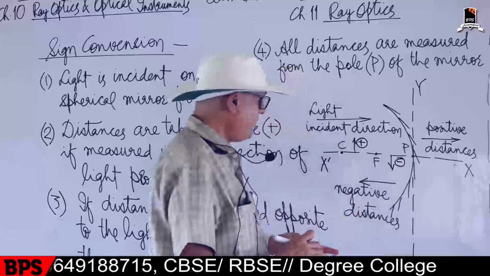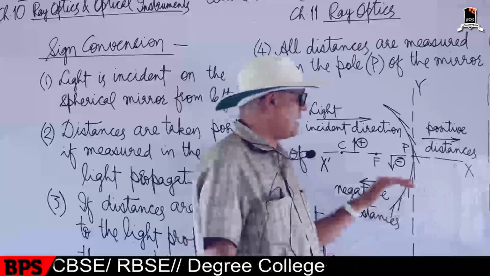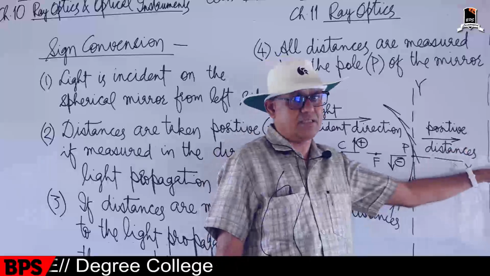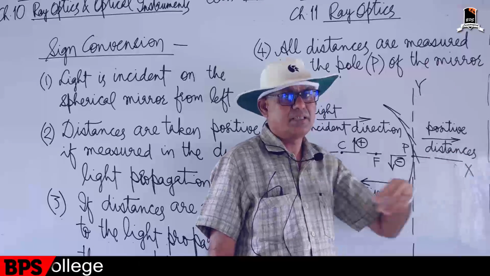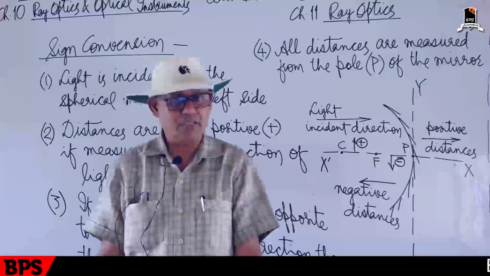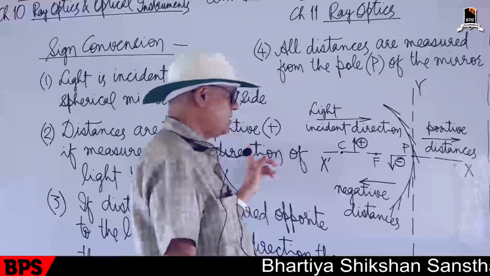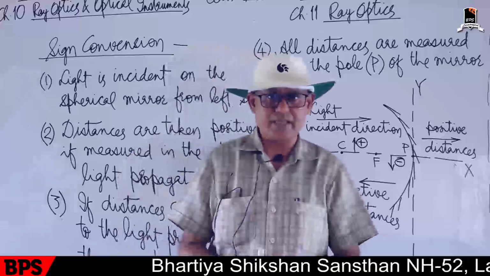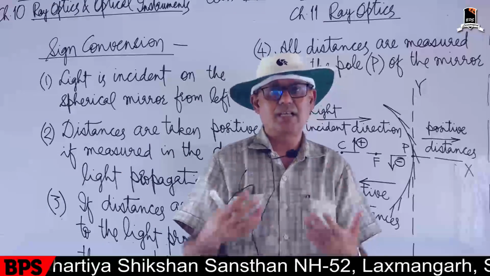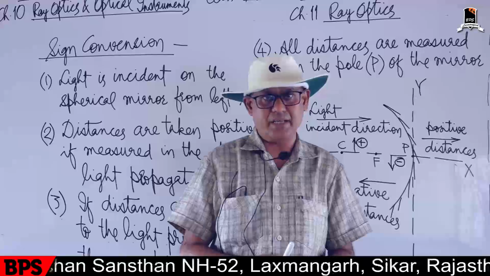Means if you measure any distance along the positive x-axis direction, then these distances are positive. If you measure any distance towards the negative x-axis direction, then that distance is negative.